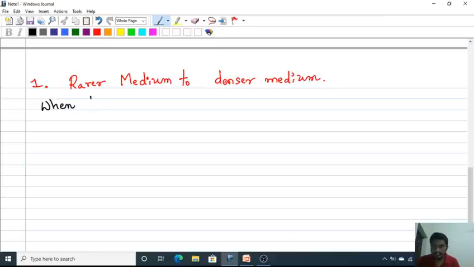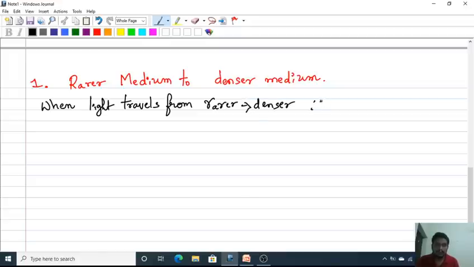When light travels from rarer to denser, it bends towards the normal.